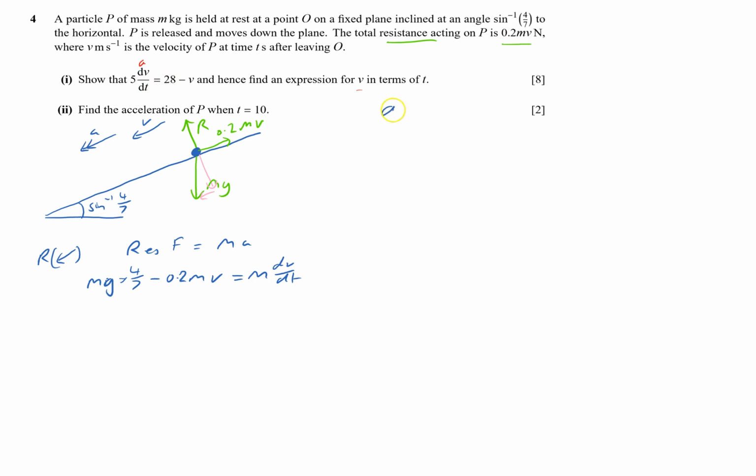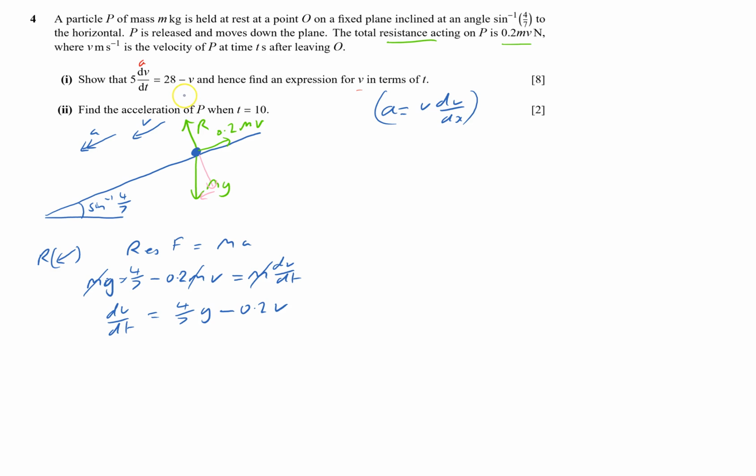Don't forget, you could occasionally have a equals v dv by dx, and sometimes we want that, but in this case we don't need that. I can get rid of the m's, can't I? And so I'm going to get dv by dt equals 4/7 g minus 0.2 v.